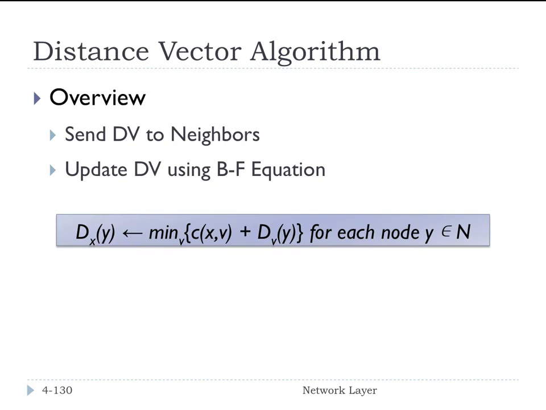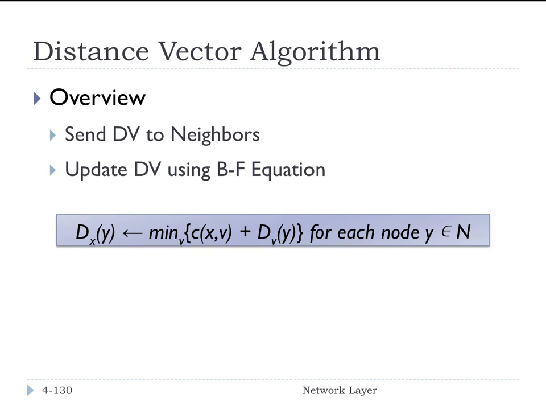So a very broad overview of the distance vector algorithm is we're going to send our distance vector to our neighbors and receive distance vectors from them, and then update our distance vector using the Bellman-Ford equation, which we just walked through, where we're finding the minimum cost plus distance for each of those one-hop neighbors for each particular link, each particular node.